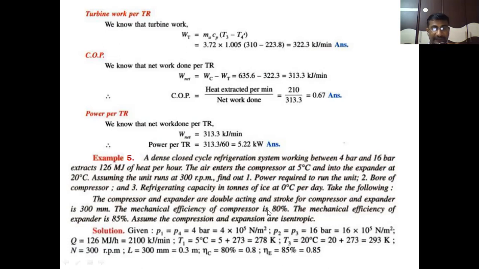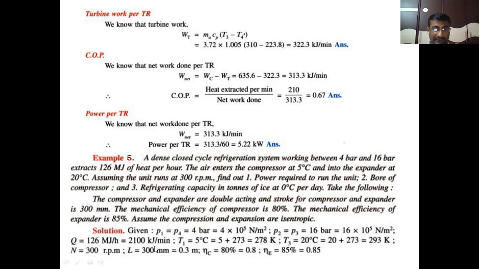The mechanical efficiency of the compressor is 80%. The mechanical efficiency of the expander is 85%. Assume the compression and expansions are isentropic. The speed of the compressor and expander is also given as 300 RPM, and the length of the piston movement is 300 mm. This is the stroke length.